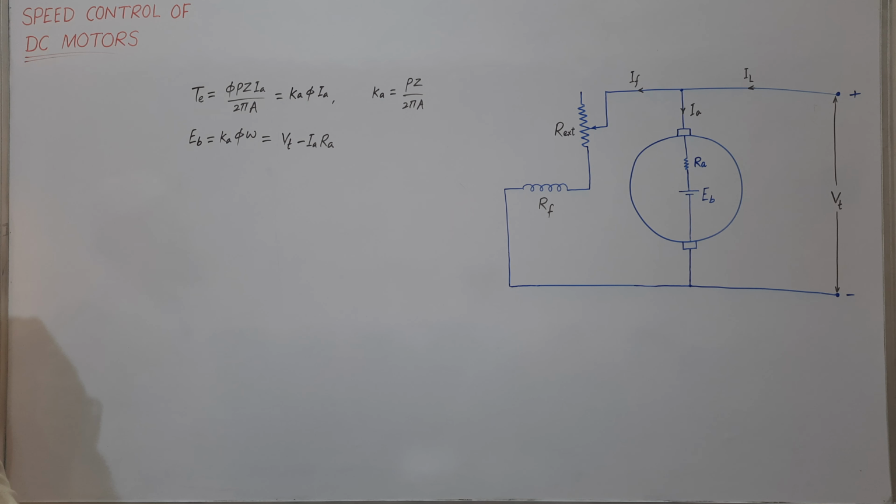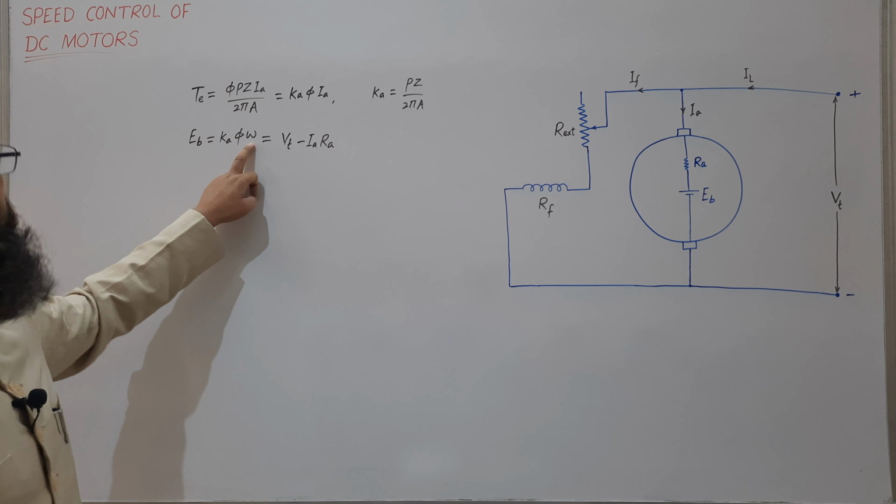So today our focus will be on this speed. We are going to control the speed at a desired value. So first write speed in terms of other parameters like this: Vt minus IaRa upon Ka times phi.